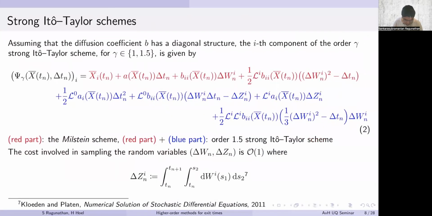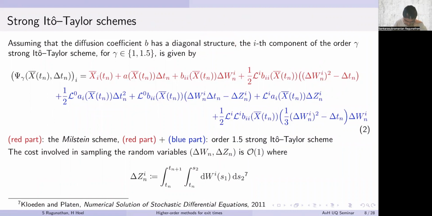Here we make an assumption, throughout, that the diffusion coefficient B has a diagonal structure. This is to help with sampling the higher order noise terms, given by this term delta Zn here, so that you don't have the Levy area terms that you have to compute in order to simulate the process.